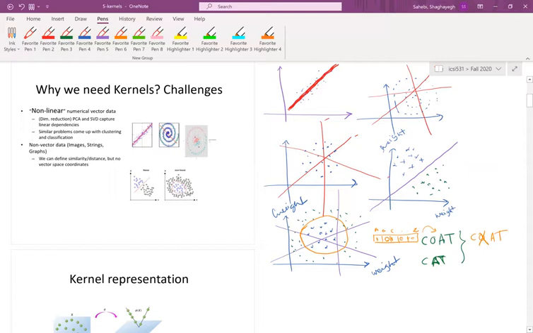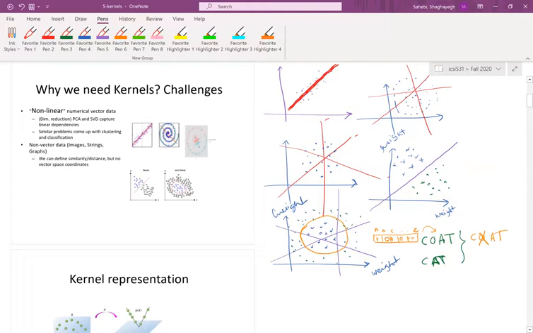Kernels are going to transform our data in a way that all the operations that we have done before in linear spaces can be done only according to the similarities between the data points. And also, they are going to transform nonlinear relationships such that the linear tools can work on them.